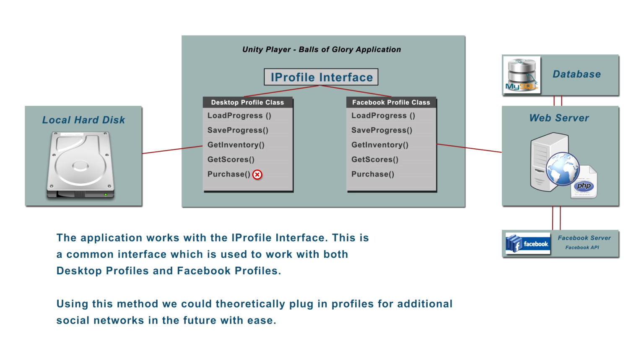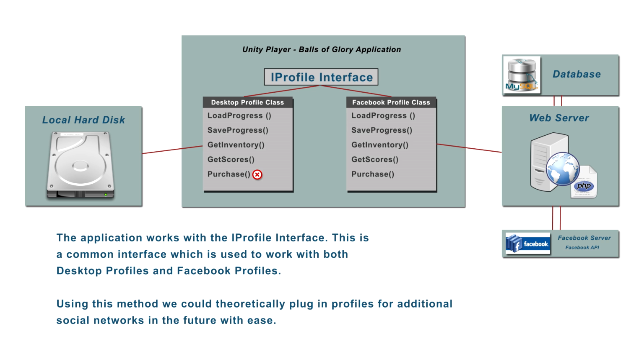Therefore, because the iProfile interface is being used to access both desktop and Facebook profiles, certain function signatures may seem kind of odd or strange, such as the desktop profile's initialization function, which returns an IEnumerator type and must be executed as a coroutine, even though its task is basically completely synchronous.